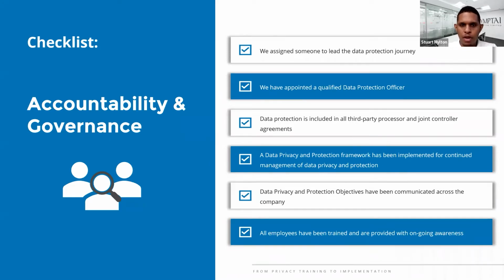So accountability and governance, as I mentioned. One, we assign someone to lead the privacy protection journey. So there's somebody who owns it. I'm not saying it has to be in any one particular department, but you do want to have a clear leader in this area. Based on the annual survey conducted by EY and the IAPP, privacy tends to report into legal and compliance.